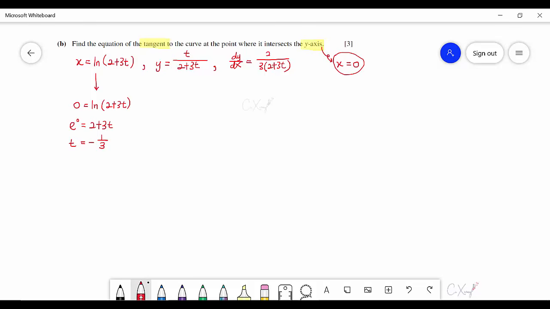So when t equals negative 1 over 3, what is the value of y? y equals negative 1 over 3 divided by (2 plus 3 times negative 1 over 3). Eventually when you simplify it, the y that you get is actually negative 1 over 3 also.